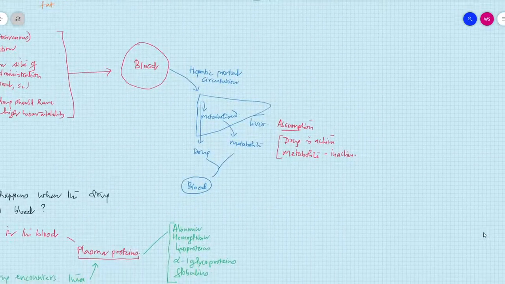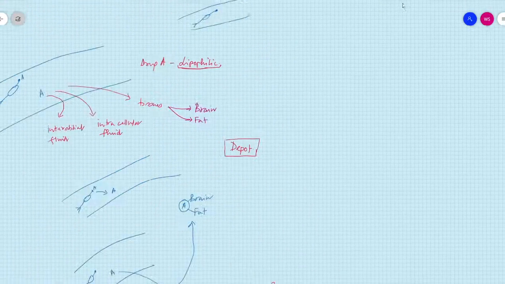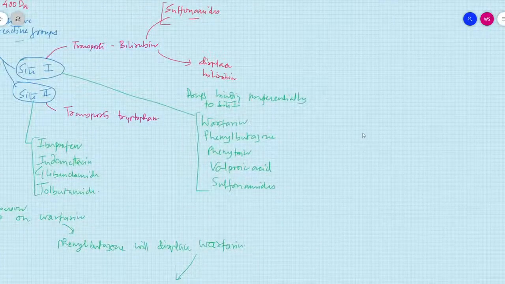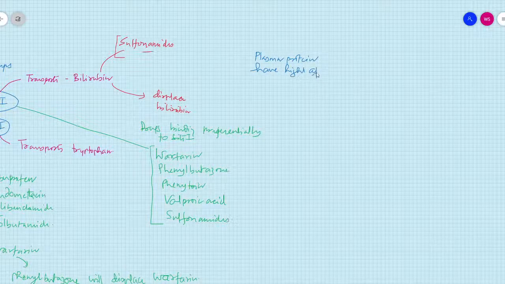Before we discuss further, it is important for us to remember, as a rule of thumb for the drugs bound to the sites on plasma proteins, that plasma proteins have high affinity for acidic drugs.